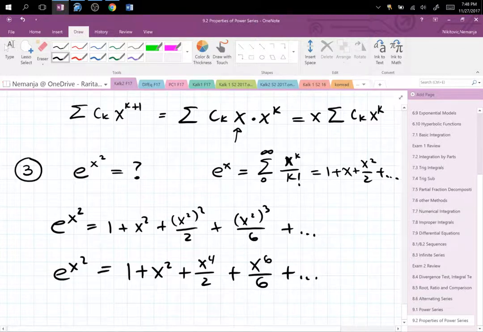So function composition within power series allows me to create these more complicated functions. They're not complex variable, but more complicated. And look what we did. We took something that cannot be integrated, turned it into a polynomial, and then we can integrate that like this.